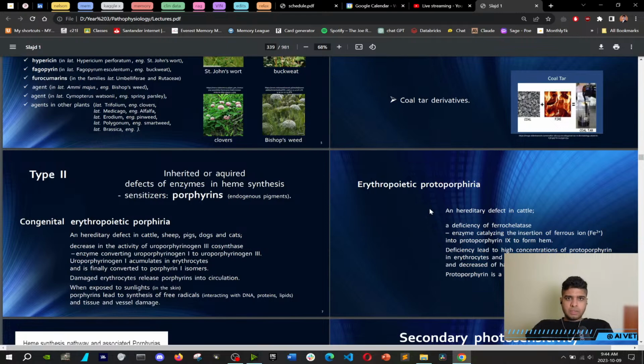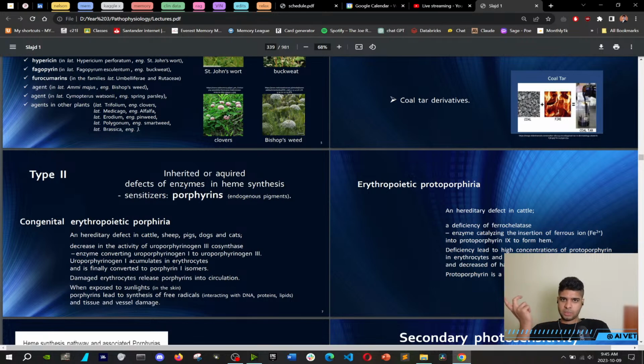So it deals with the red blood cell production point, the origin point, where there is a decrease in the activity of uroporphyrinogen III cosynthase, the enzyme that converts uroporphyrinogen 1 to 3.